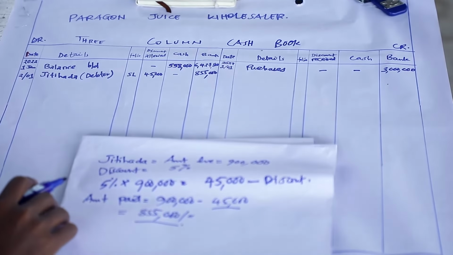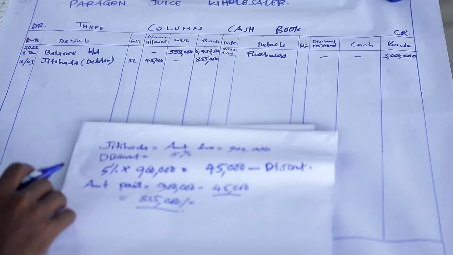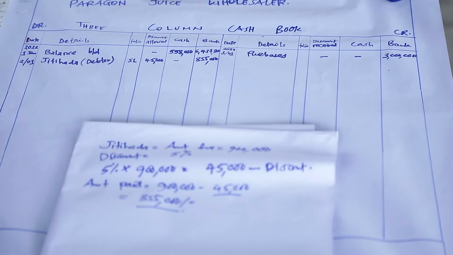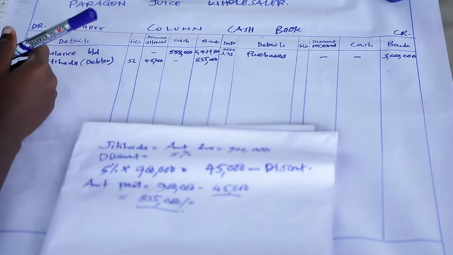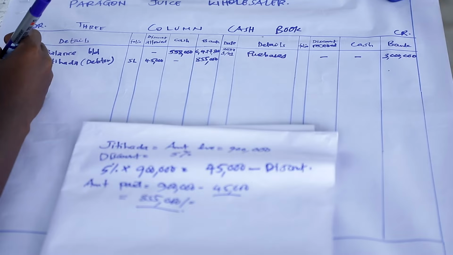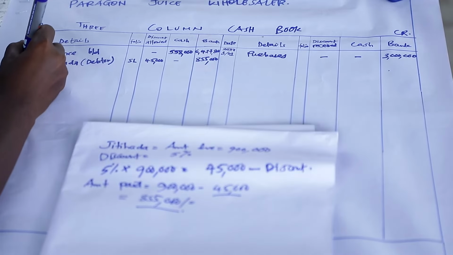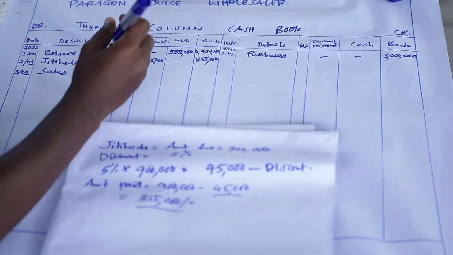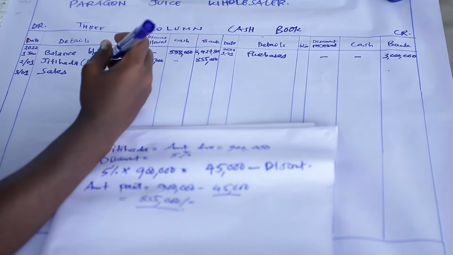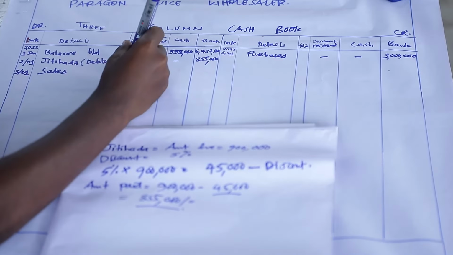The next transaction would be on 3rd January: sold goods, 2,500,000 by check and 1,500,000 by cash. In sales of goods, if you sell goods we will debit the cash book because we receive money. So on 3rd January, sales, and this would be reported in the general ledger.